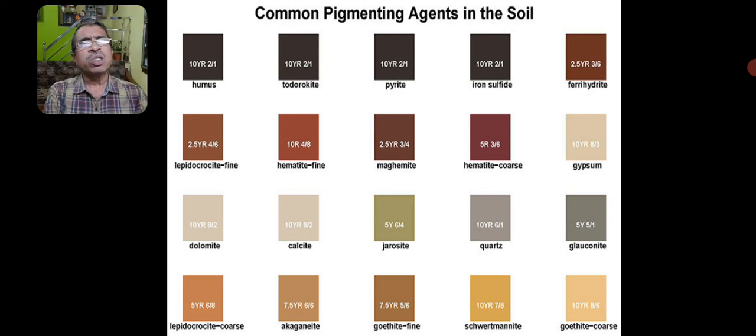If the soil is reddish in color, it may contain hematite ore. If it contains gypsum, it is light yellowish in color. If it contains dolomite, it is a little whitish in color. Calcite gives a whitish color. So the color of the soil depends upon the contents or the minerals present in the soil.